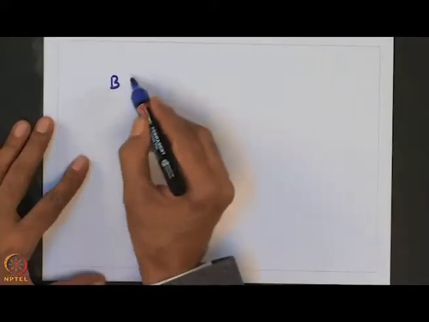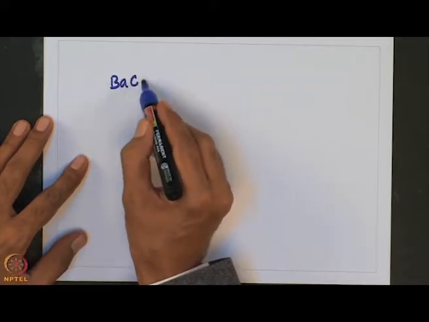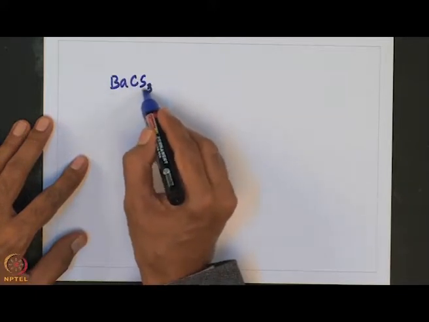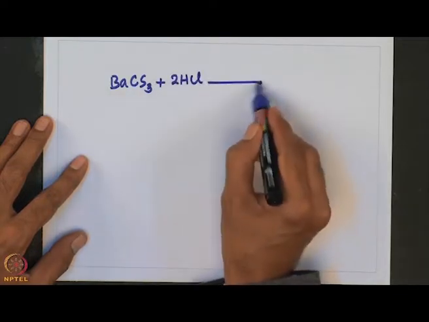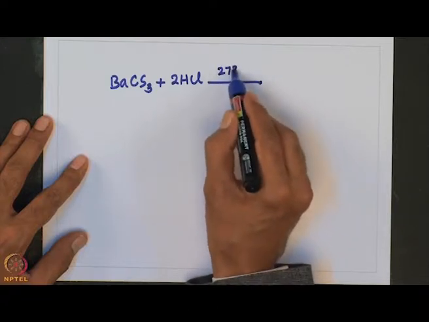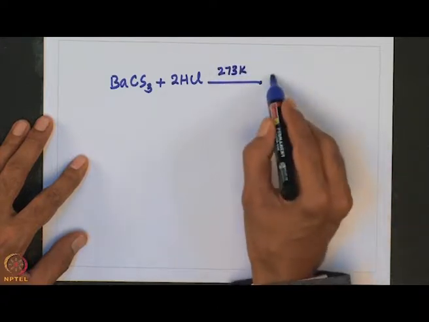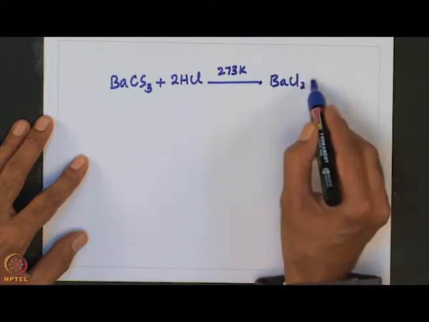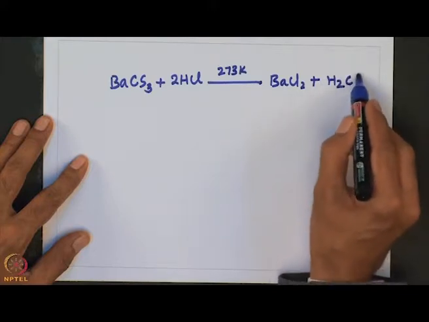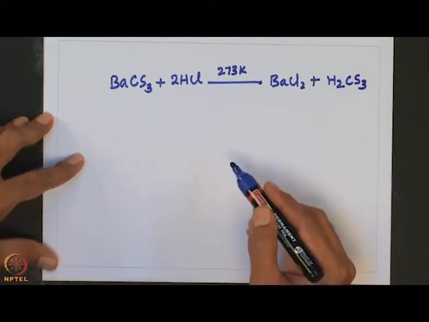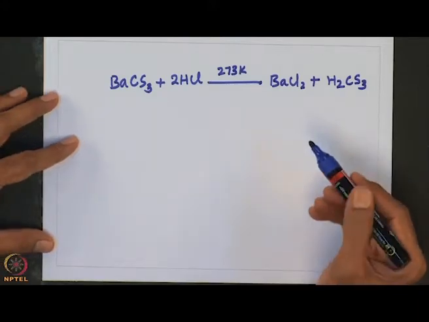For example, barium thiocarbonate, when it is treated with HCl at 273 Kelvin, gives BaCl2 plus thiocarbonic acid.